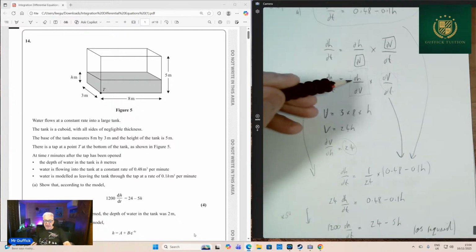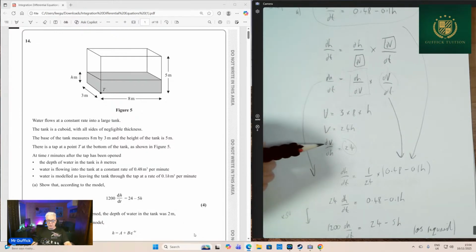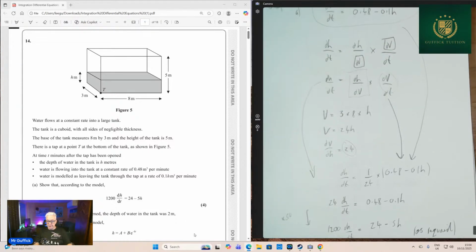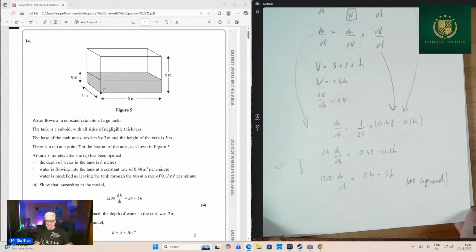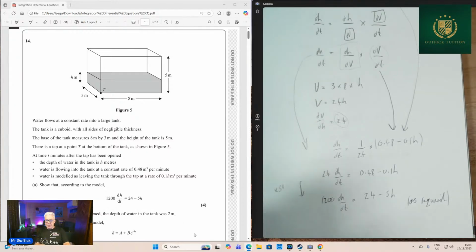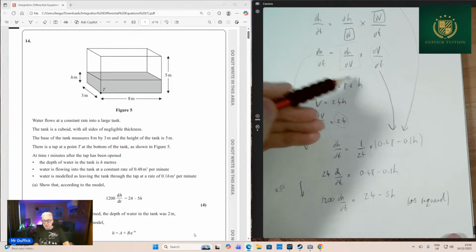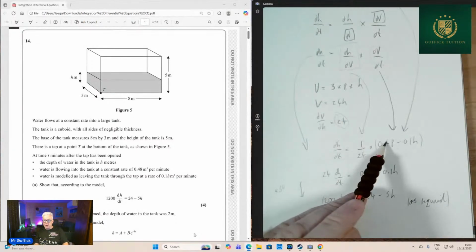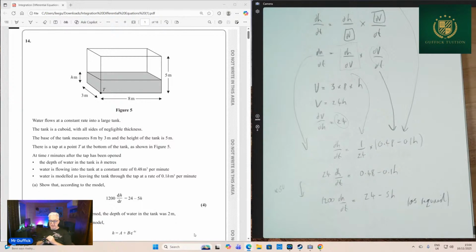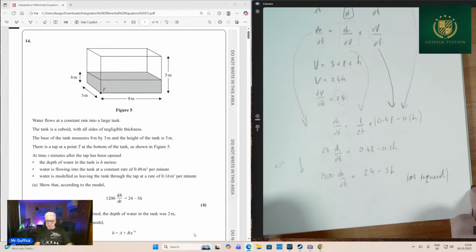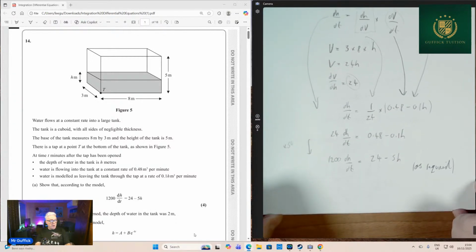So dh/dV is going to be the reciprocal of dV/dh, so it's going to be 1 over 24. Therefore, dh/dt is our dh/dV, which is 1 over 24, times our dV/dt. So we've got an expression that's looking like it's going the right way, almost there.